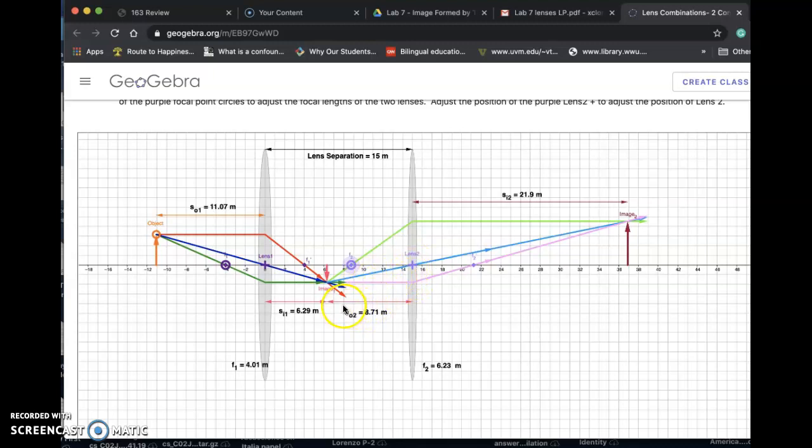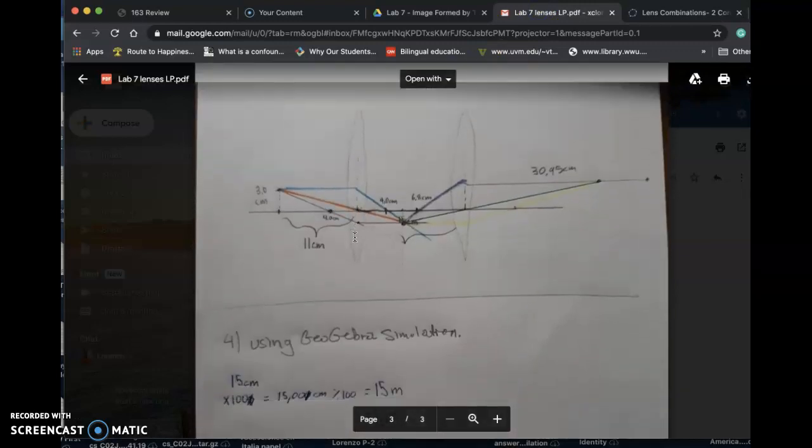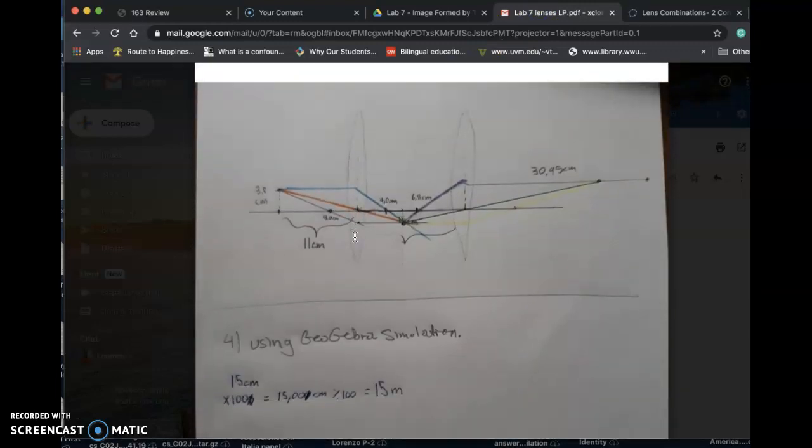It just takes a little bit of meddling around, and I understand the calculations for S1 and S2 are a bit off, but bear in mind that this is not the best use of it, and if we could do this in a lab, we would have a much better output for this kind of system. And this is what we would have via GeoGebra, and then on our own, this is what we have. Now, it's not perfect, but it's the best we can do for the time being.